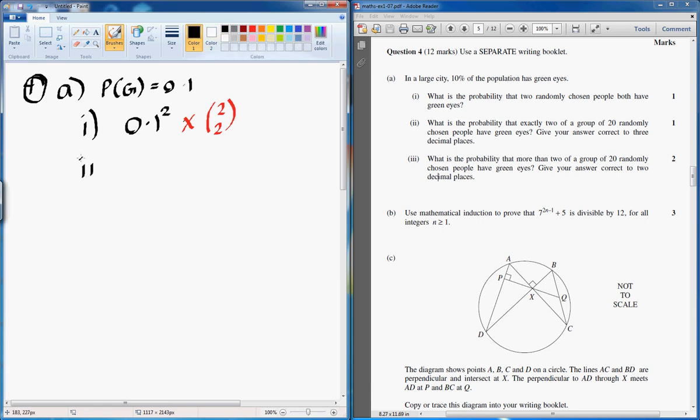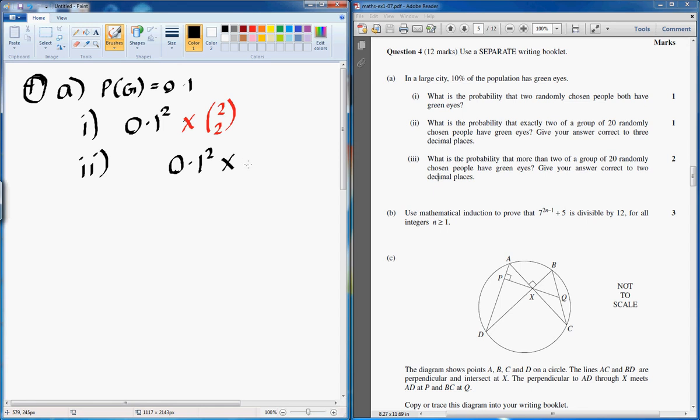Okay, part 2. What is the probability that exactly two of a group of 20 randomly chosen people have green eyes? So the question is, out of 20 people, 2 have to have green eyes. So you write 0.1 squared again.